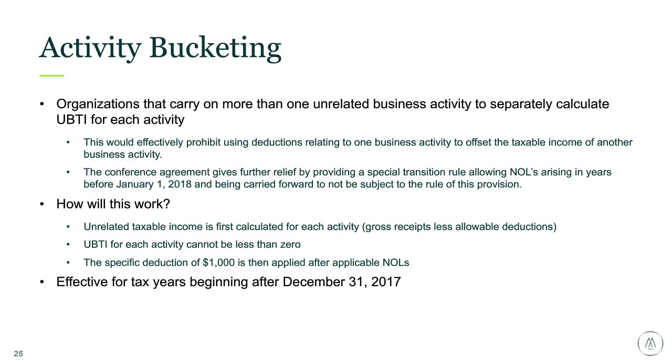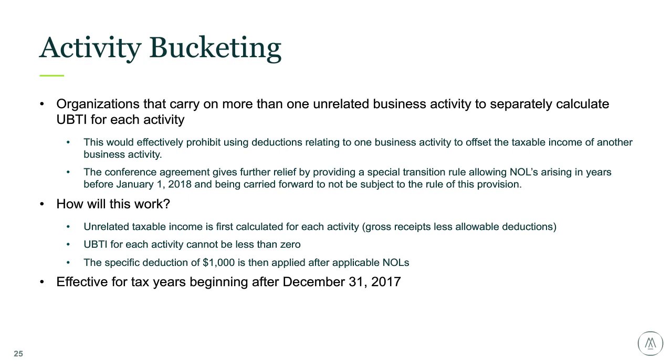Okay, activity bucketing. What this relates to is a brand new concept that exempt organizations are having to deal with. If your organization has more than one trade or business activity, say you have advertising going on and you have investments in partnerships, those would be considered separate activities.